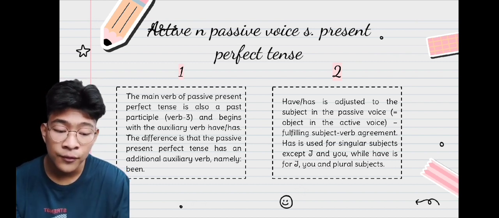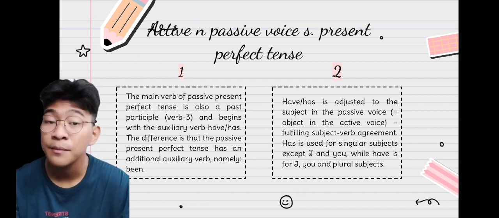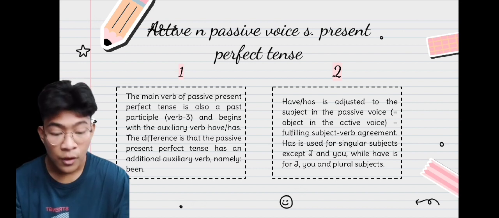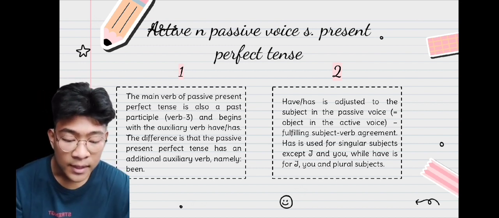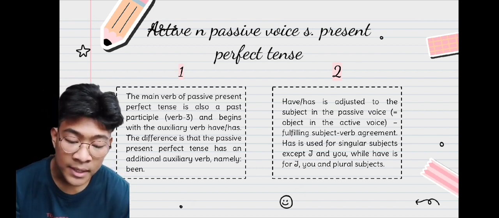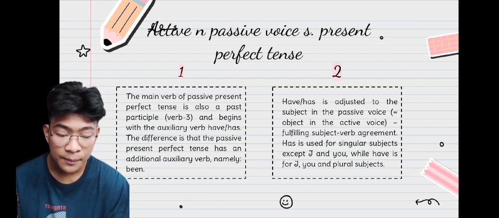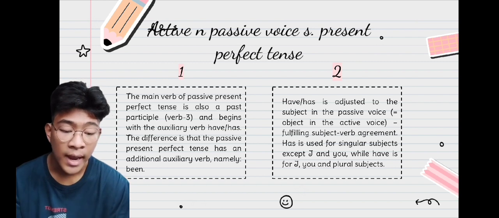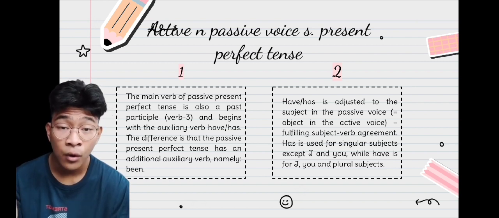Active and passive voice, present perfect tense. The main verb in passive present perfect tense is also a past participle, verb 3, and begins with the auxiliary verb have or has.